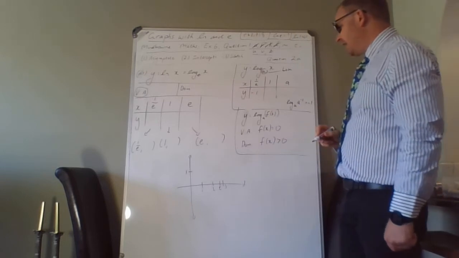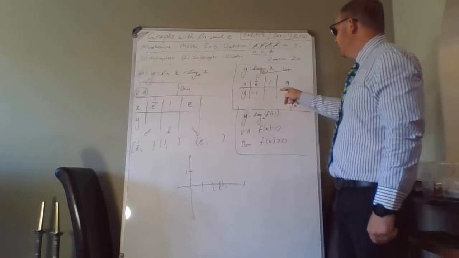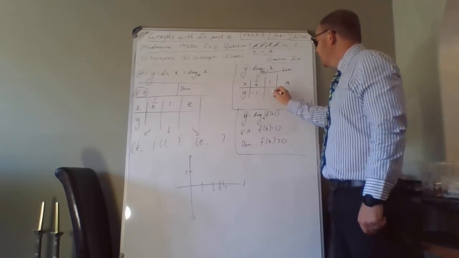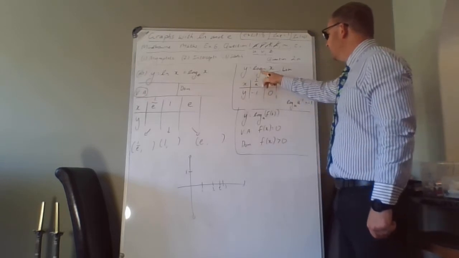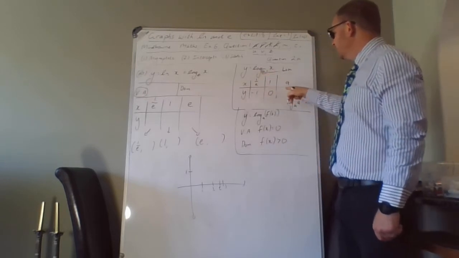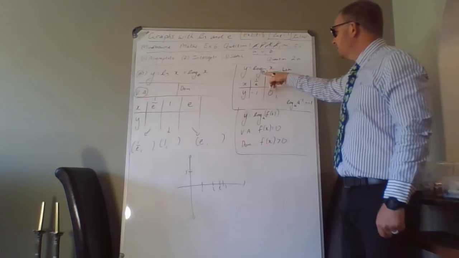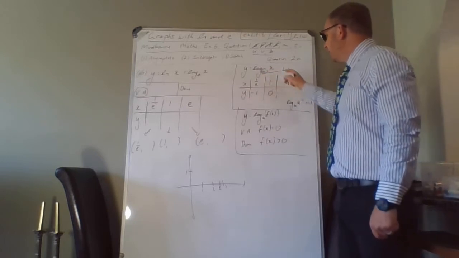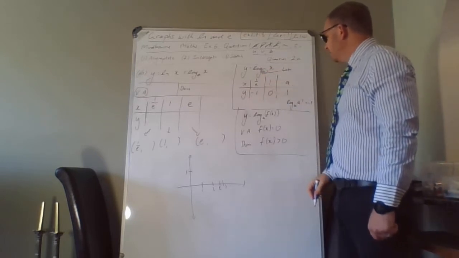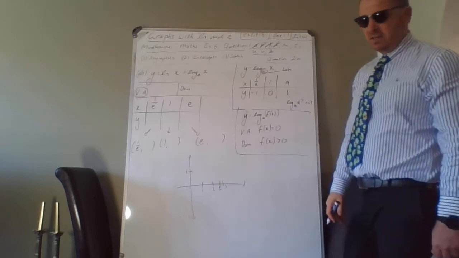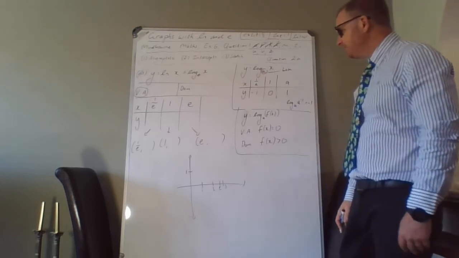And if x is equal to 1, I'm going to have 0, because log 1 is 0 no matter what the base is. And if those two things are the same, and you have log a of a, you're going to have 1. So those are points which are pretty convenient in terms of calculating. You won't need a calculator.